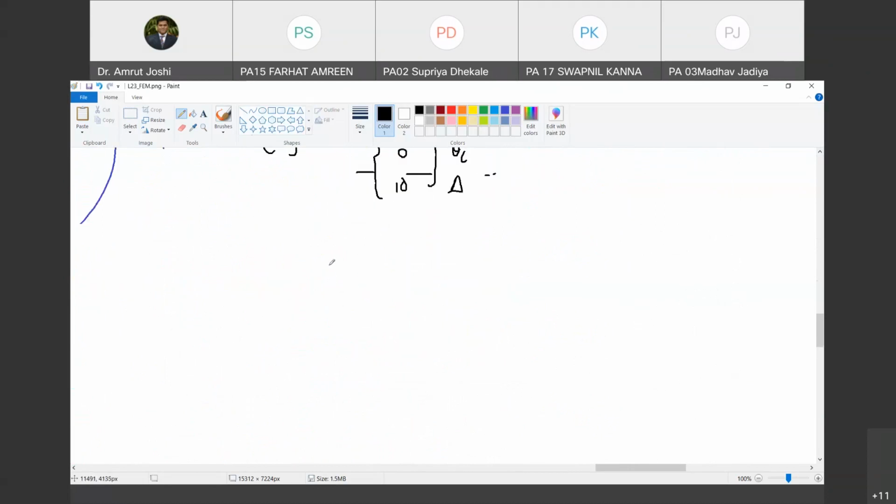And now let us write down the equilibrium equation. What is the equilibrium equation? K times the U matrix, that is the displacement matrix, plus the FR matrix, the restrained force matrix, must be equal to the nodal force matrix. This is the equation of equilibrium. Are you with me? Yes, sir.